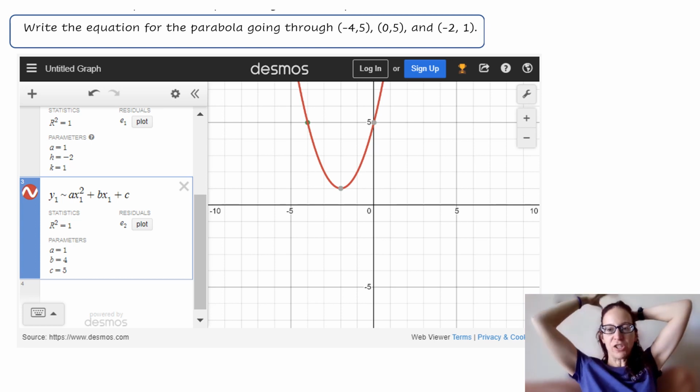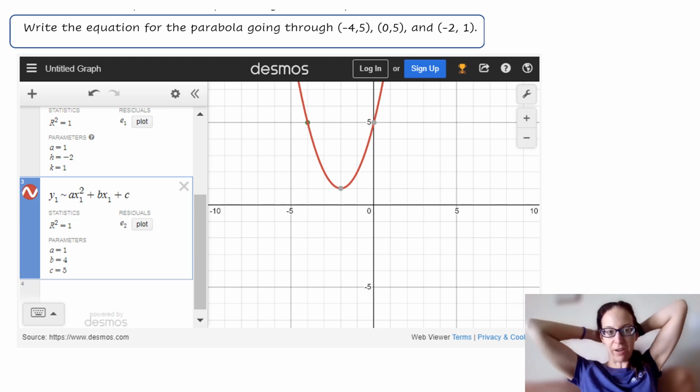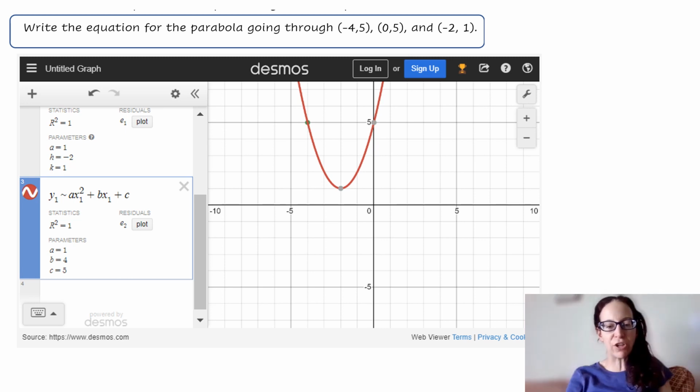So if the answer choices are in, say, vertex form, you want to make sure you do a vertex form regression, which would look like this.